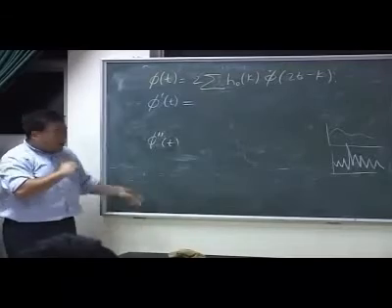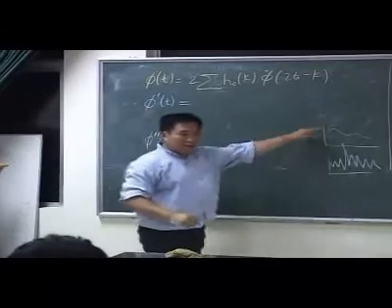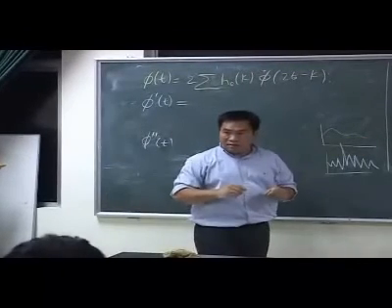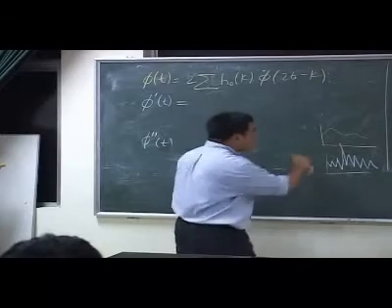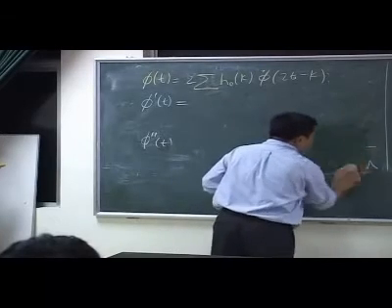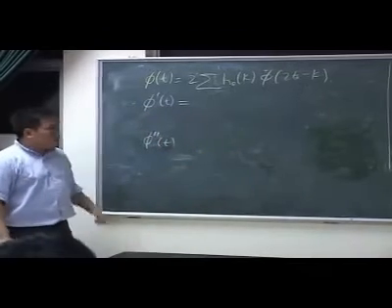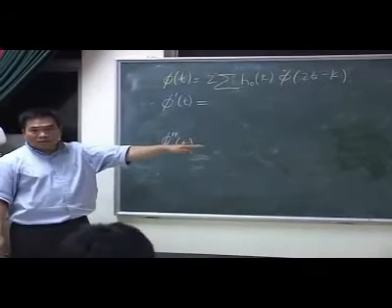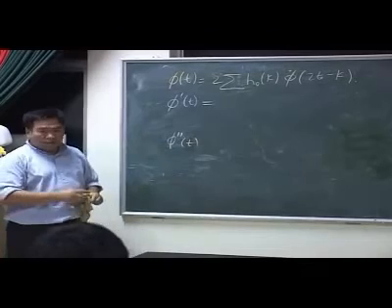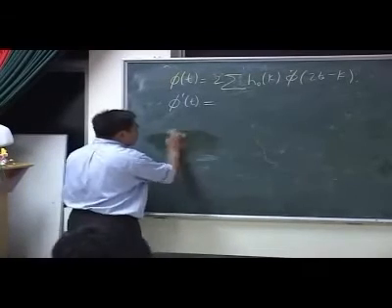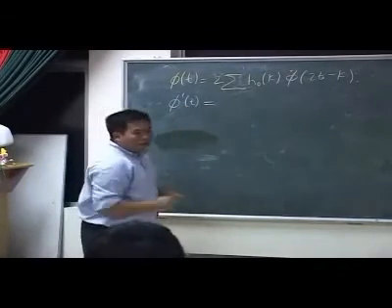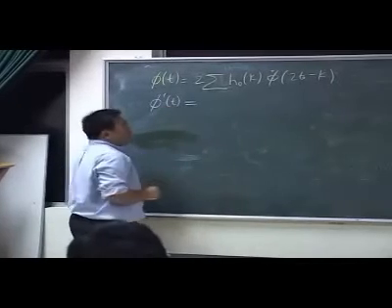Okay? The more derivatives exist at those points, the smoother the basis function. Right? Because let's look at the first derivative and see whether you can make any deduction for the condition on M naught or H naught.